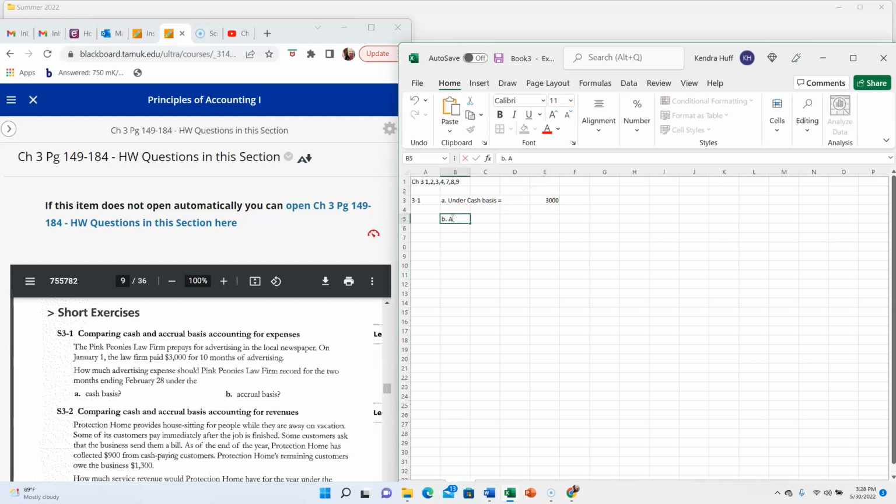All right, under the accrual basis, it's an asset. It's prepaid advertising when they pay it, and then it turns into an expense as the 10 months go by. So you basically need to do the $3,000 divided by the 10 months. So it's $300 a month.